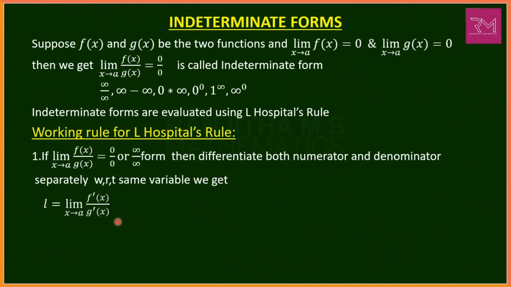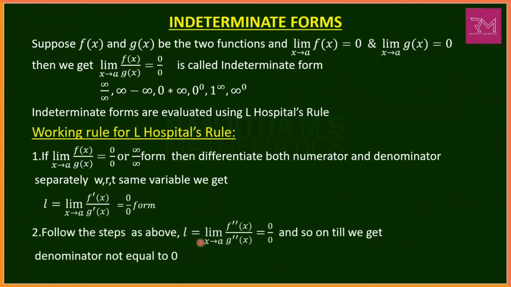We have to stop here itself if we get a finite or determined value. Otherwise, if as x tends to a we again get a form of 0 by 0, again we have to differentiate both numerator and denominator with respect to the same variable. We get L is equal to limit of f double dash of x by g double dash of x as x tends to a.